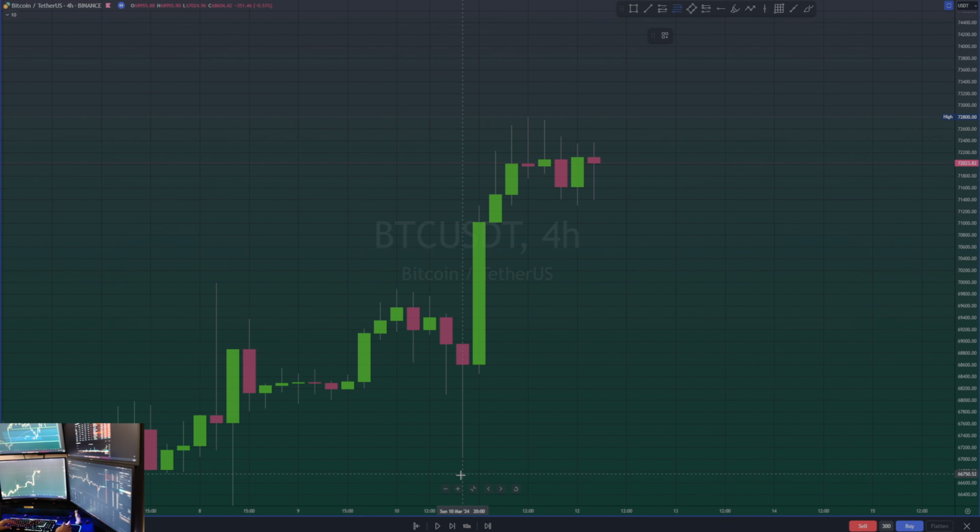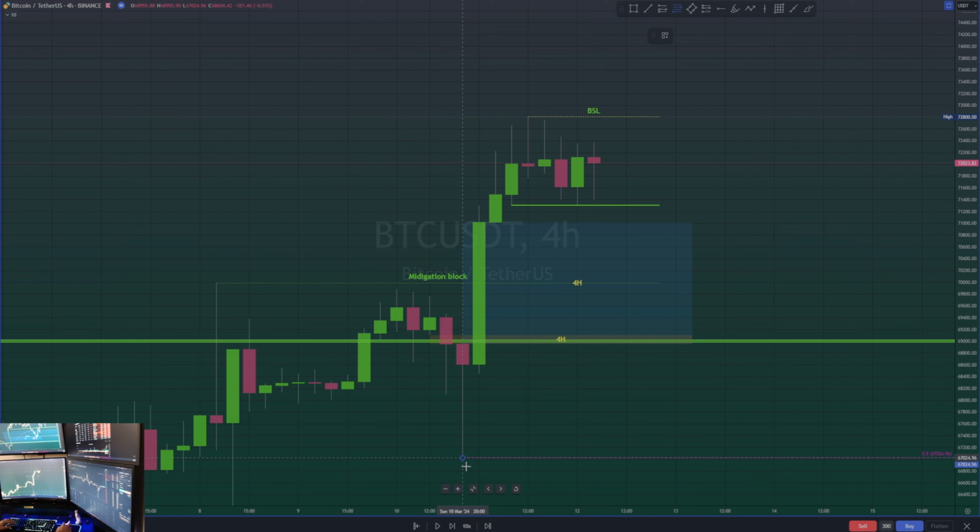Oh yes, this move from the wick of this candle down here, all the way up to the last high from yesterday. This is the 50% retracement level of this whole move from bottom to top.